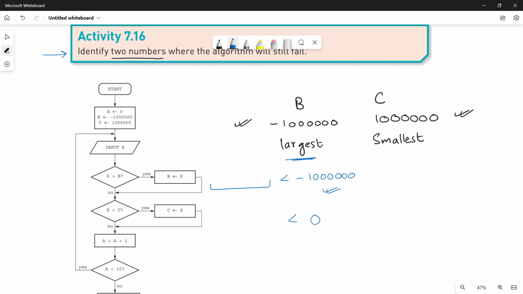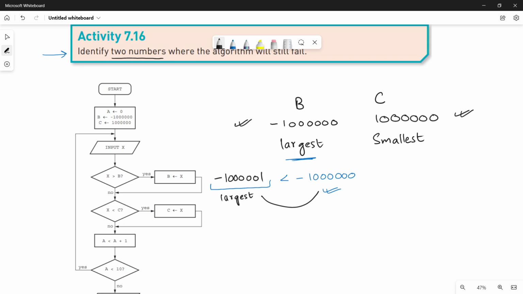If the test data is less than 0, or you have negative test data, you cannot identify the highest value. Same goes for this example. Let's suppose the largest value in my test data to be identified is minus 1,000,001. This is more negative than this number, while in my test data, this is the largest value to be identified.